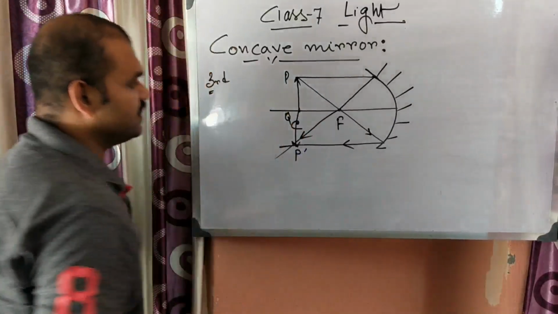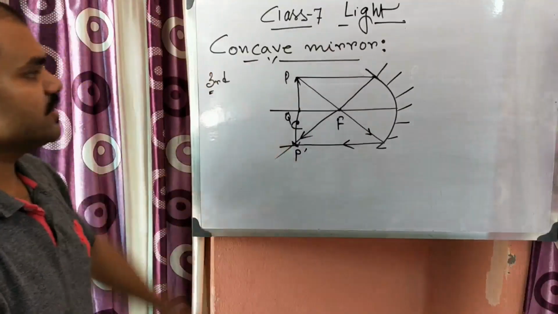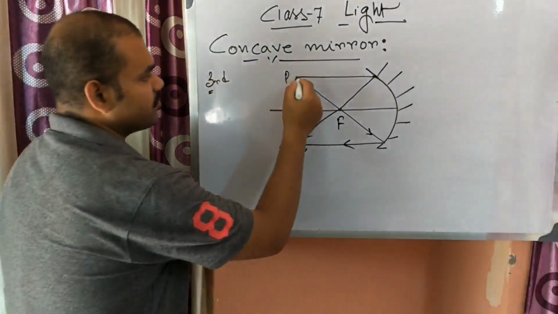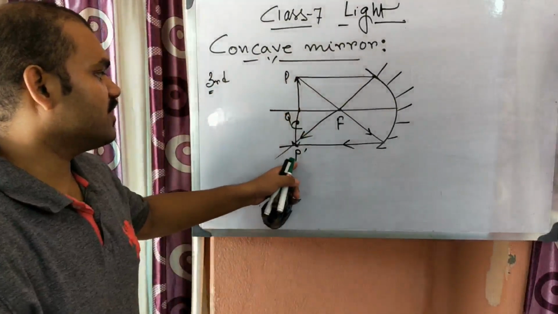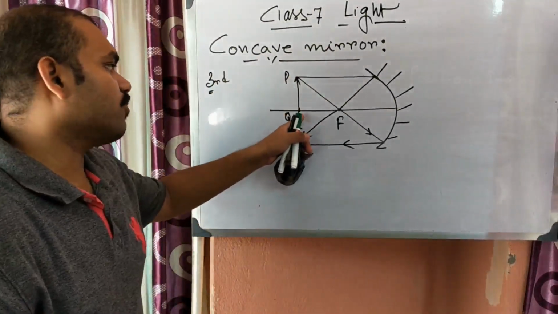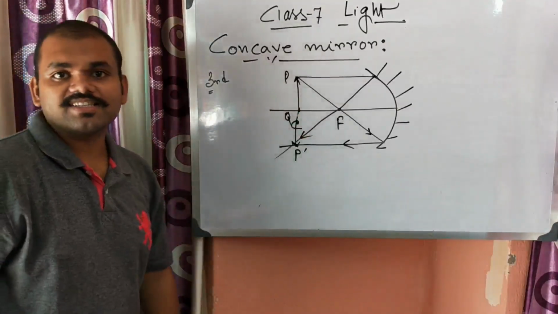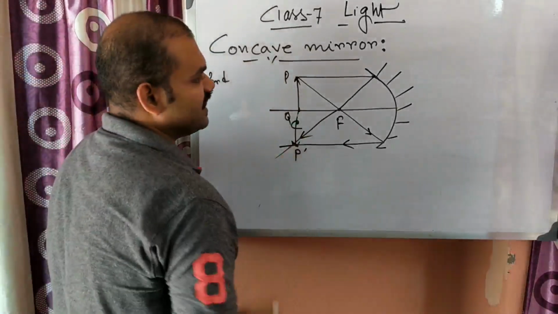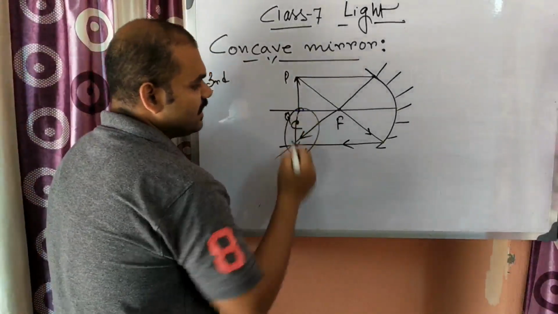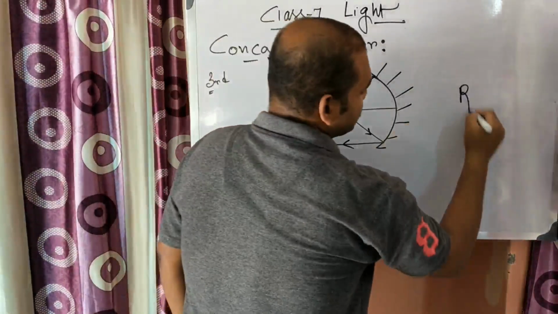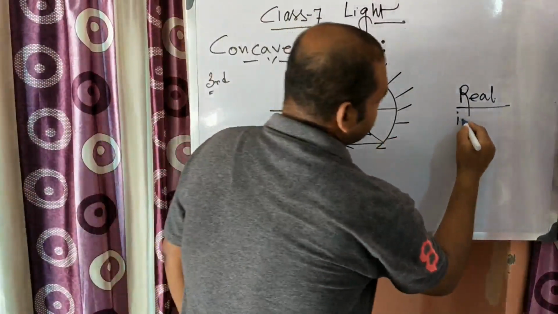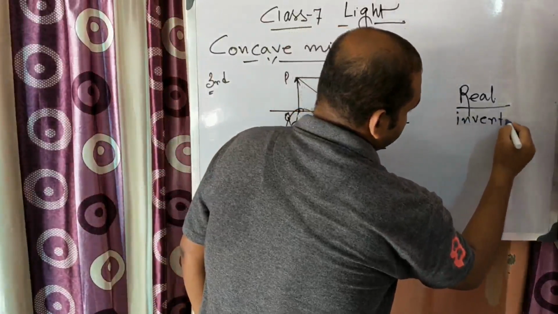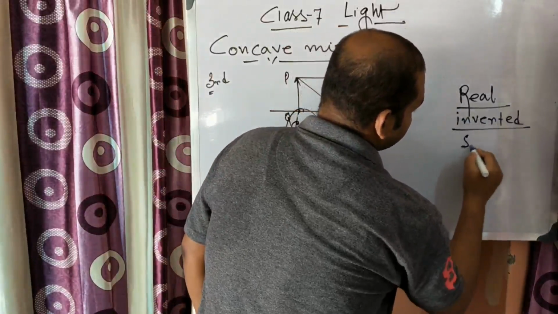Suppose P' is here, so here P'Q' is the image of this object, and what is the nature of the image, or where is the image formed? The image is also formed at C, that is at the center of curvature. And what is the nature of the image? Nature is real and inverted and same size.